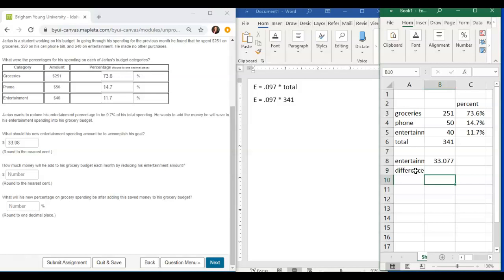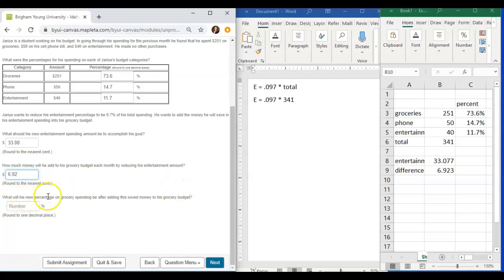To get it to calculate, I put an equal sign, 40, or cell reference, left click, minus the new entertainment, which was $33. He saves about $6.92, so almost $7, and that's how much can now go to his grocery budget. Again, we are going to round to the nearest cent. For $6.92, the 3 doesn't round the 2 up, so it stays.